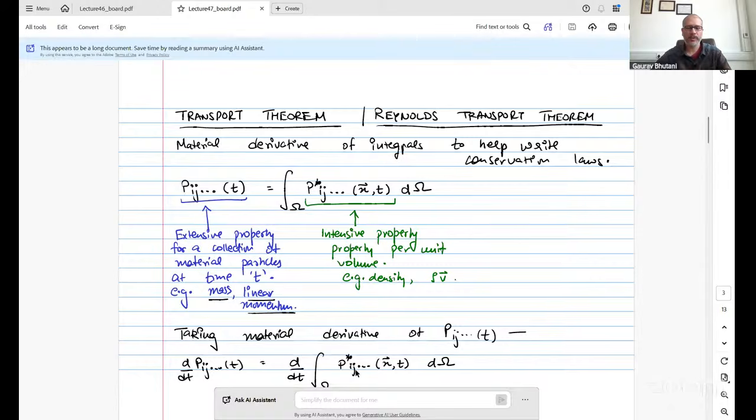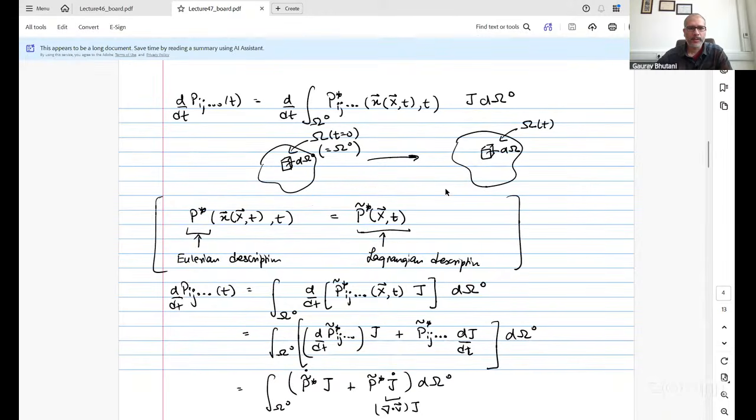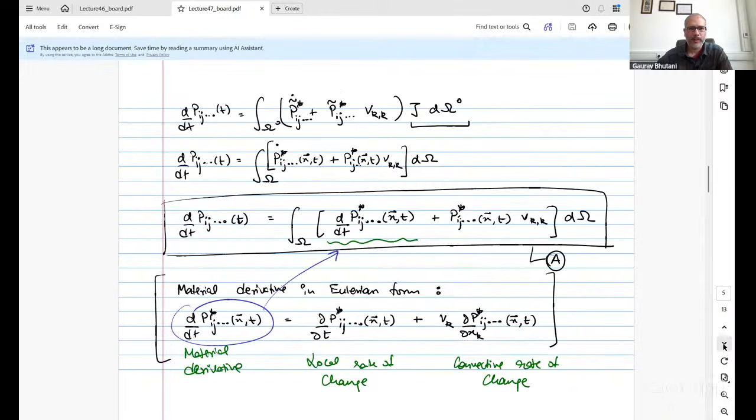So what this transport theorem allows us is to write the material derivative of some sort of a P star, which is the corresponding intensive quantity corresponding to a P. Let's look at the final theorem, which is the boxed expression here.